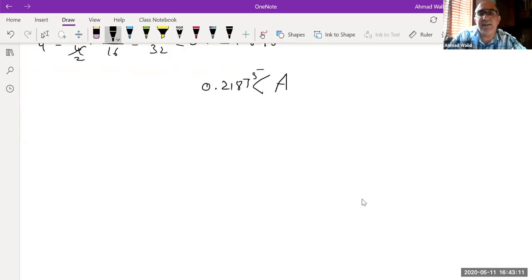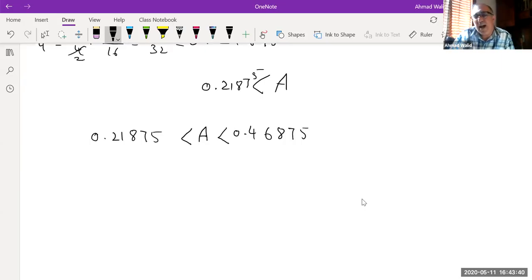Now, at the end, we estimate like this. We found two numbers. The area under the curve is definitely less than 0.46875, which was my upper sum. And it's definitely greater than 0.21875, which is the lower sum.